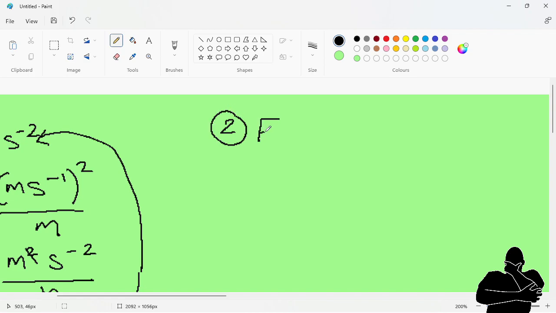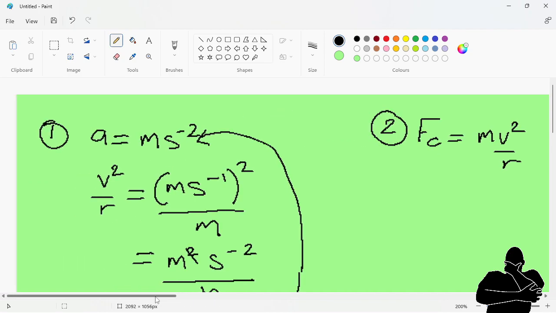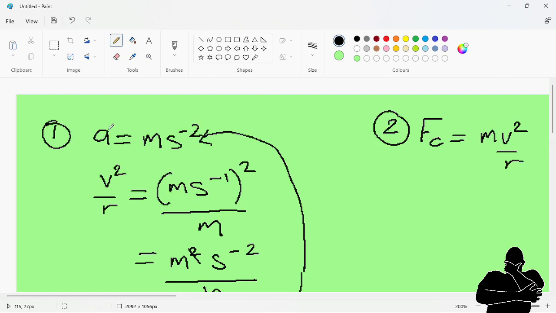Centripetal force, we can call it Fc, has a magnitude of m times v squared over r. And you see the v squared over r come back. The v squared over r was actually centripetal acceleration. Now, according to Newton's second law, force is equal to the rate of change of momentum, or in simpler terms, force is equal to mass times acceleration.